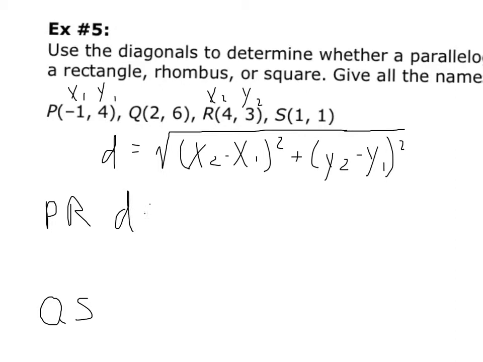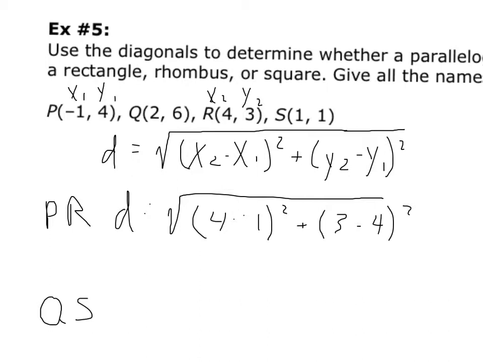So let's plug them in. We got distance equals the square root of our x2, which is 4, minus our x1, which is -1, squared, plus our y2, which is 3, minus our y1, which is 4, squared.